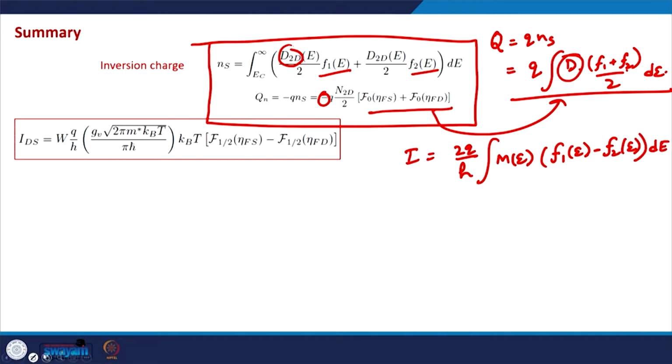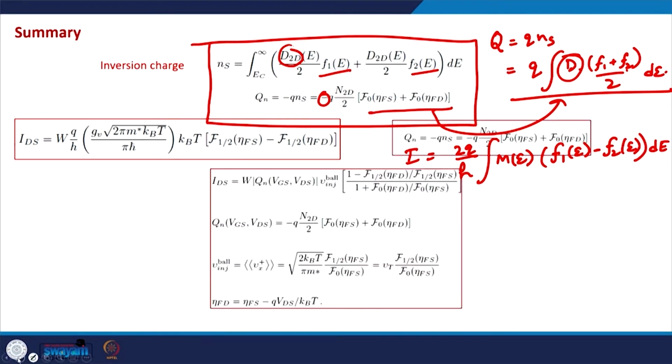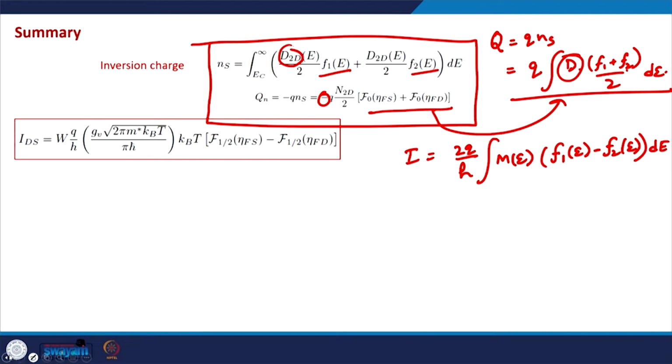As we have by now seen in quite a lot of detail, depending on the factor in this integral, we will obtain Fermi-Dirac integrals of various orders when we simplify this integral.